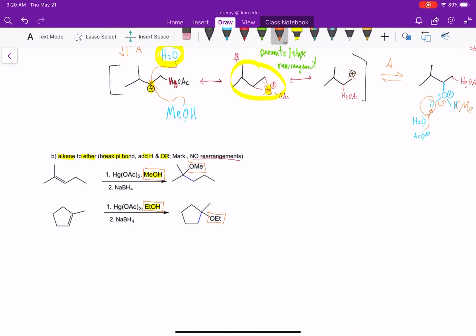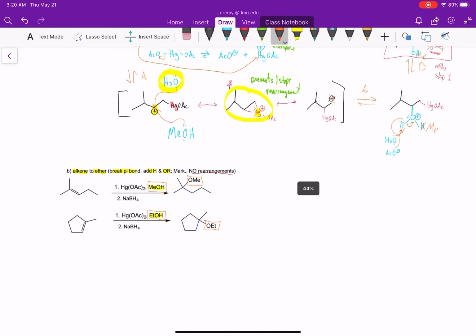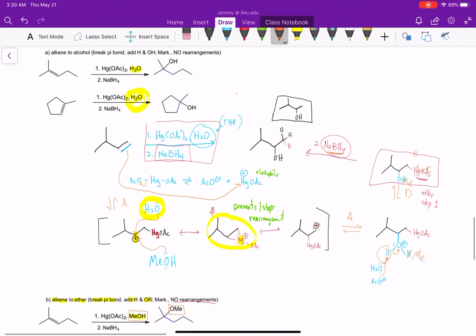All right? So in this reaction, you really have to pay attention to the reagents. Mercury is your huge hint, right, that we're doing an oxymercuration. But if the solvent we use is water, we get an OH.